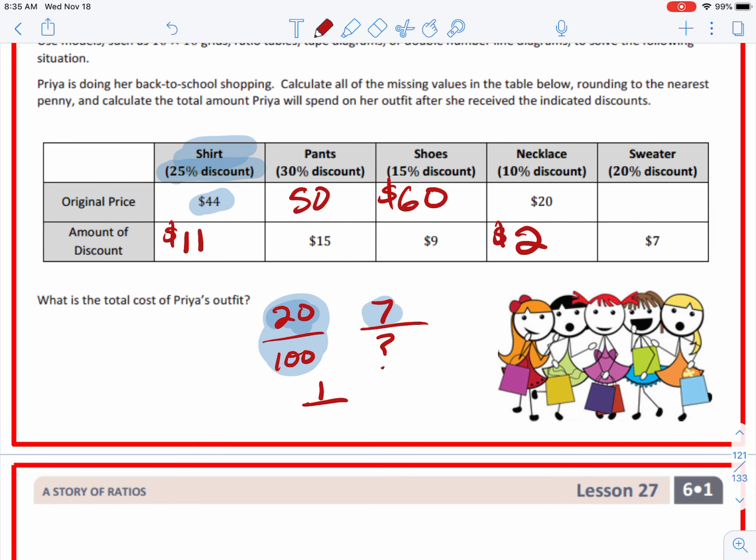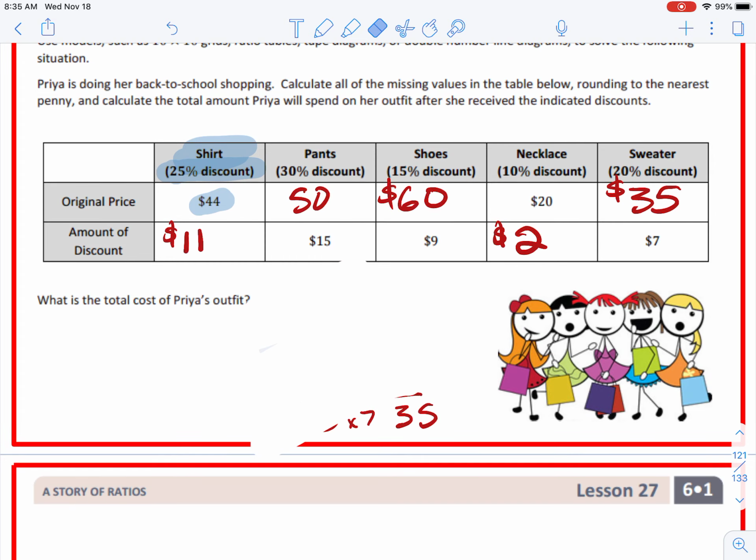So if I divide both by 20, I would get 1/5, and then I can compare to 7. This is times 7, so 5 times 7 is 35, and that is my original price.